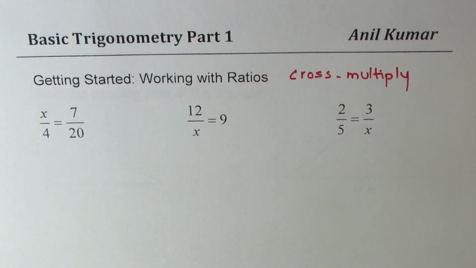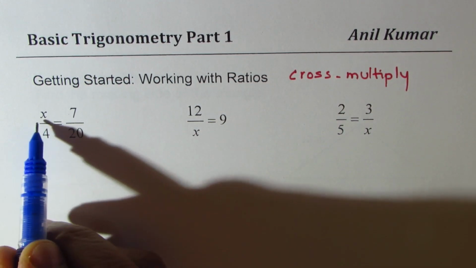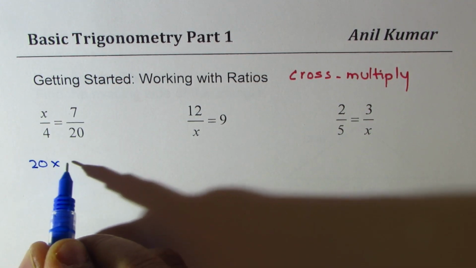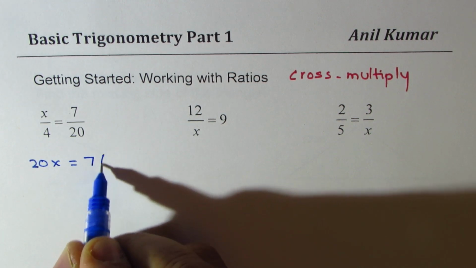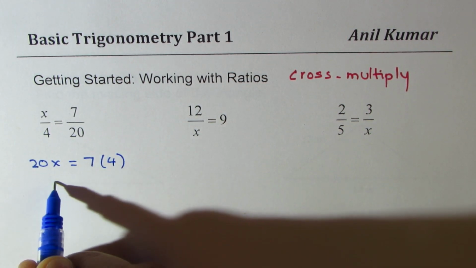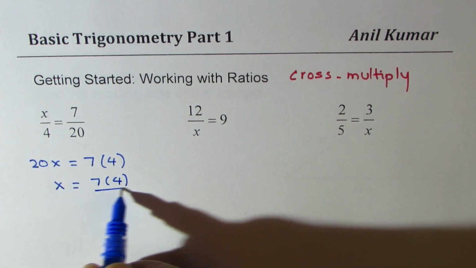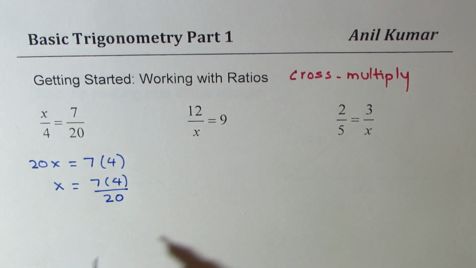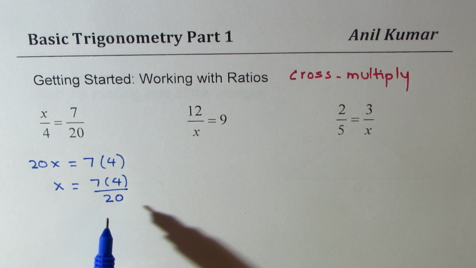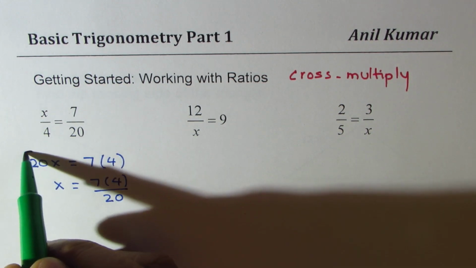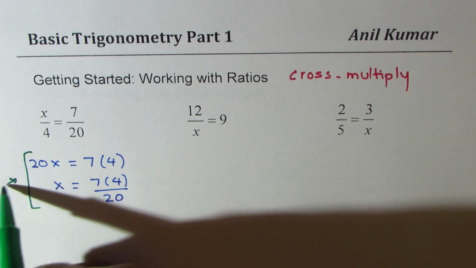So here is the easy solution. When you cross multiply, you could write this as 20x equals 7 times 4, and then again you could write x equals 7 times 4 over 20, correct? Now my suggestion is that when you work with such an equation, avoid all this.